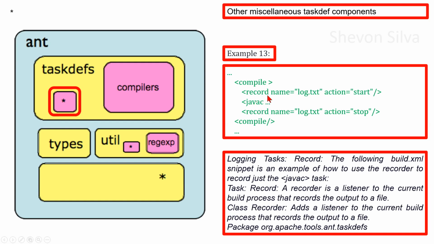The task record: a recorder is a listener to the current build process that records the output to a file. With regard to API, class Recorder adds a listener to the current build process that records the output to a file. This is in the package org.apache.tools.ant.taskdefs.